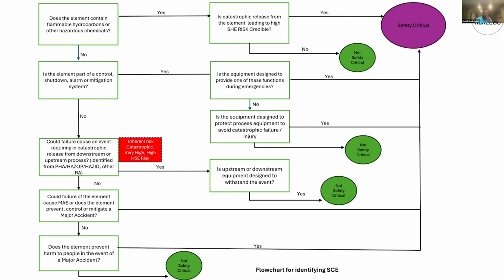If the answer is yes, is the upstream or downstream equipment designed to withstand this event? Again, design integrity. If it is designed to withstand that event, it is not a safety critical equipment or element.